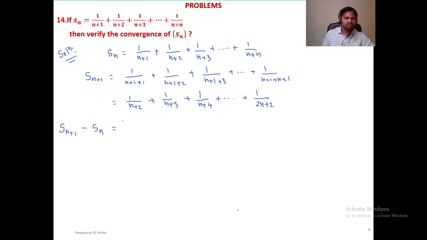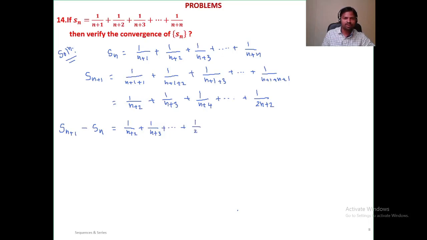What is this? First, Sn plus 1. What is Sn plus 1? This one: 1 by n plus 2, plus 1 by n plus 3, plus and so on. What is the before term of 2n plus 2? The before terms are 1 by 2n plus 1 and 1 by 2n.